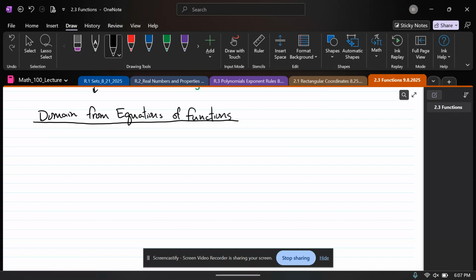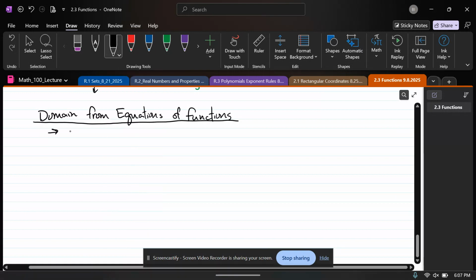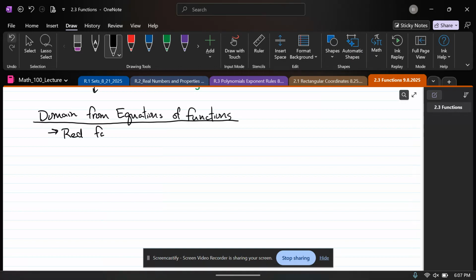The way that I like to teach this is I say that there are red flags for domain. There are only 2 of them.